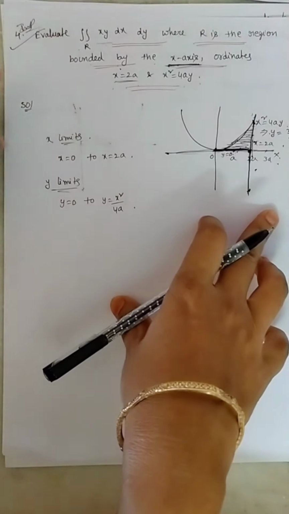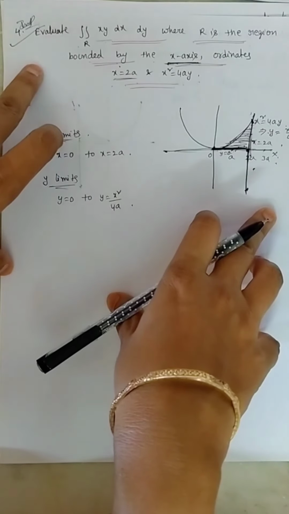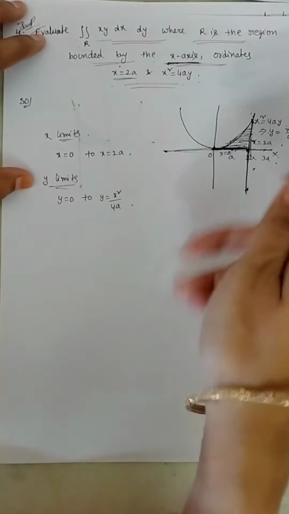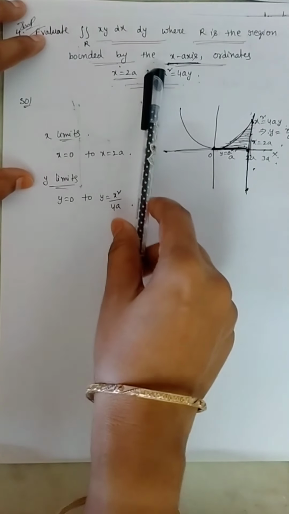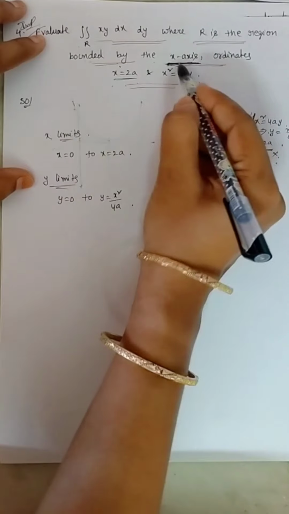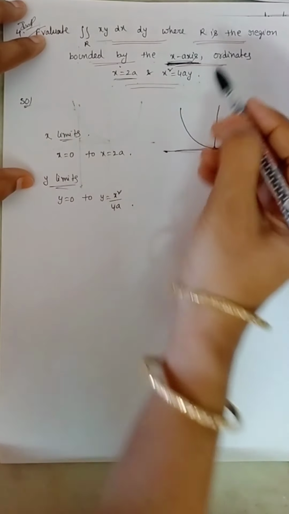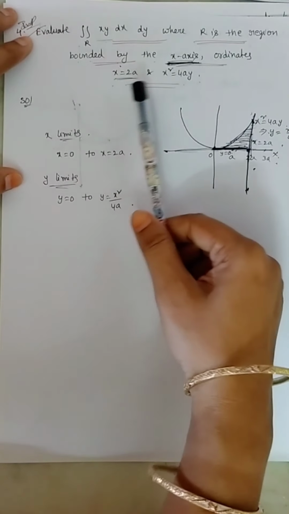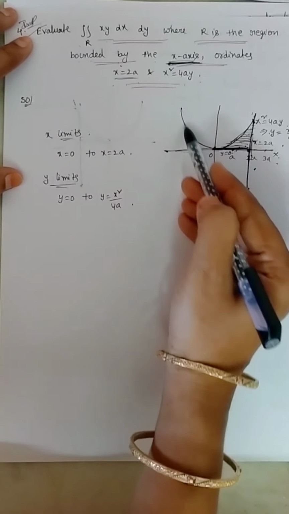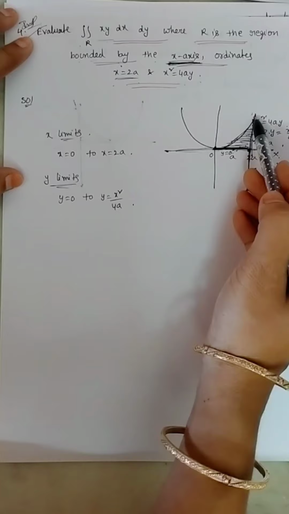I repeat once again how to find the limits. The double integral of xy dx dy, where R is the region bounded by the x-axis and the ordinate x equals 2a and x square equals 4ay. We know x square equals 4ay is a parabola like this.